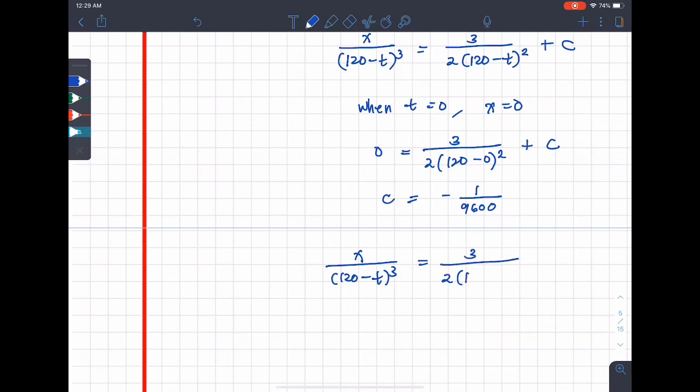So substituting that, I'll have x over (120 minus t) raised to 3 equals 3 over 2 times (120 minus t) squared, minus 1 over 9,600.